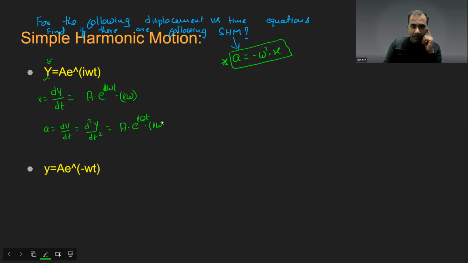So i omega square. See this one? Earlier already this part, if you differentiate it, another i omega will come. So is it not looking like omega square outside? i square is -1. Are you aware of this part? i is equal to root of -1 and i square is -1.